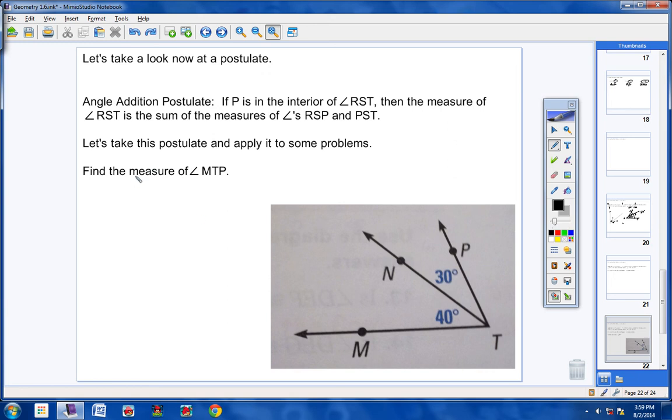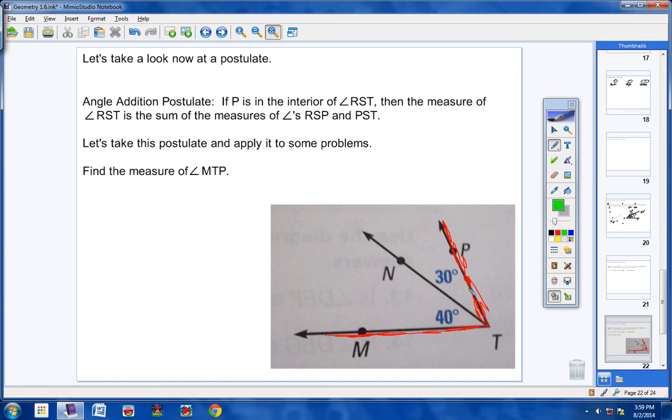I want you to find the measure of angle MTP. That whole angle right there. Well, students, that really shouldn't be too difficult for you to do. Let's think this through.